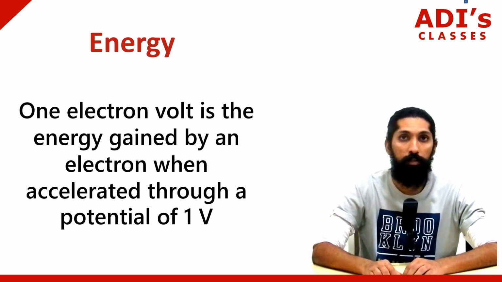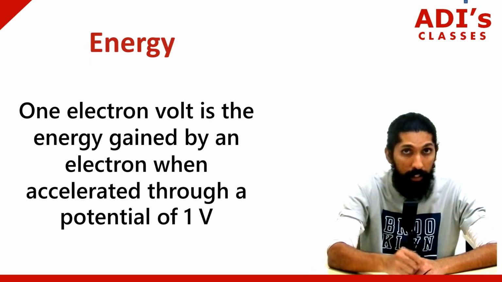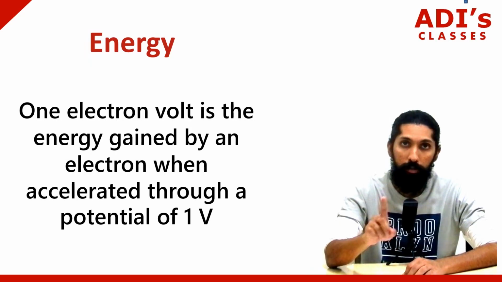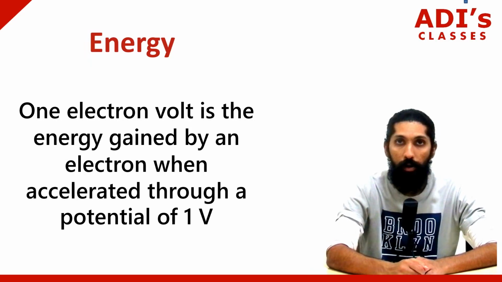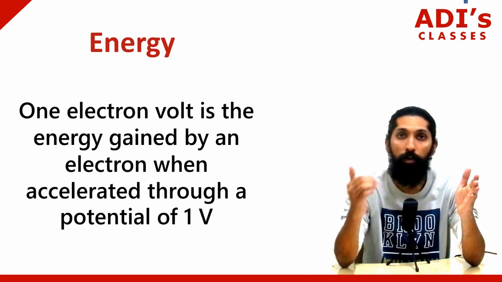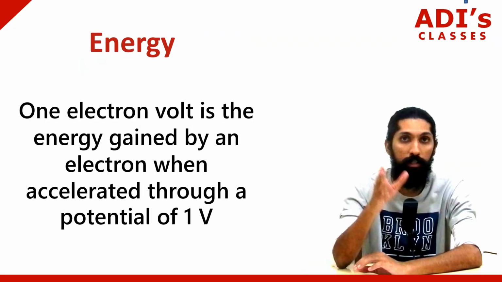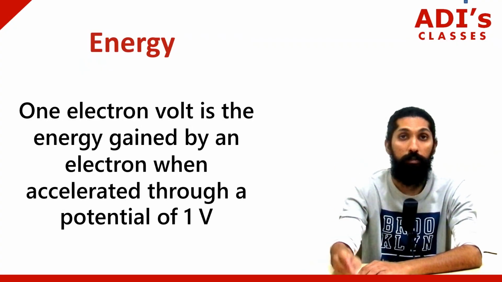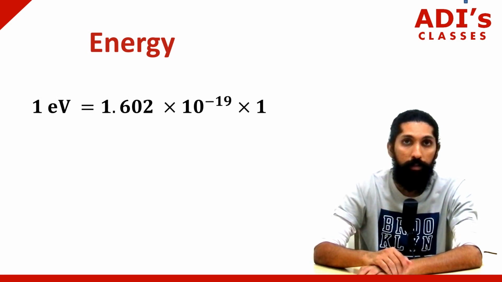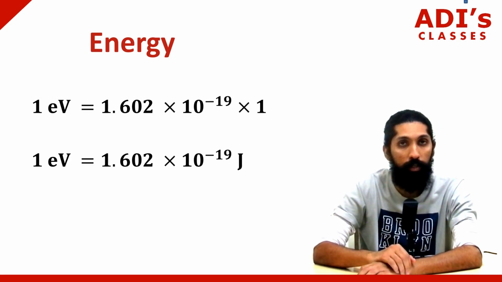Alright. Now, whenever we talk about this, we have the concept of electron volt. See, electron volt is what? It is the energy of an electron when we accelerate it through a potential difference of 1 volt. Alright, so you have 1 volt, you accelerate the electron. What is the energy gained by the electron? That is basically what we know as electron volt. So since electron volt is energy, 1 electron volt becomes 1.602 into 10 power minus 19 into 1.